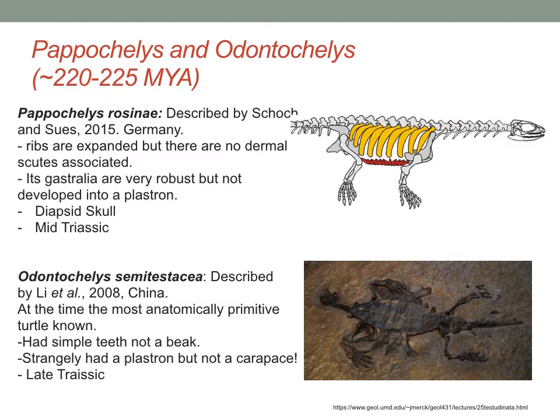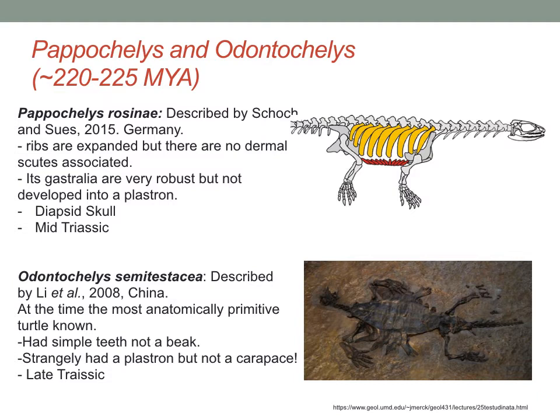So it still had simple teeth, did not have a beak. And it has a plastron, that shell on the bottom, but no carapace. And that's really neat. So we're showing a gradation towards modern turtles.